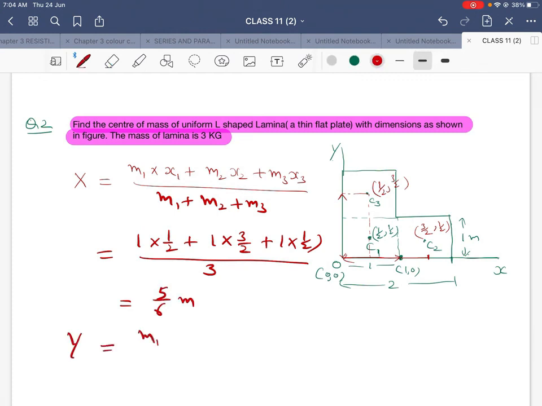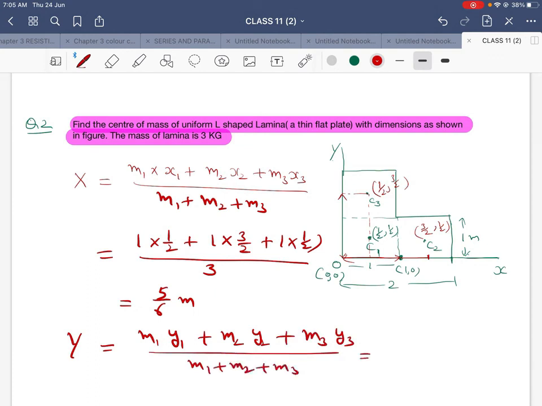Similarly, the y coordinate is m1 y1 plus m2 y2 plus m3 y3 divided by m1 plus m2 plus m3. Now the y coordinate: 1 into 1 by 2 for C1, 1 into 1 by 2 for C2, 1 into 3 by 2 for C3, and the total mass again 3, that is again equal to 5/6 meter.